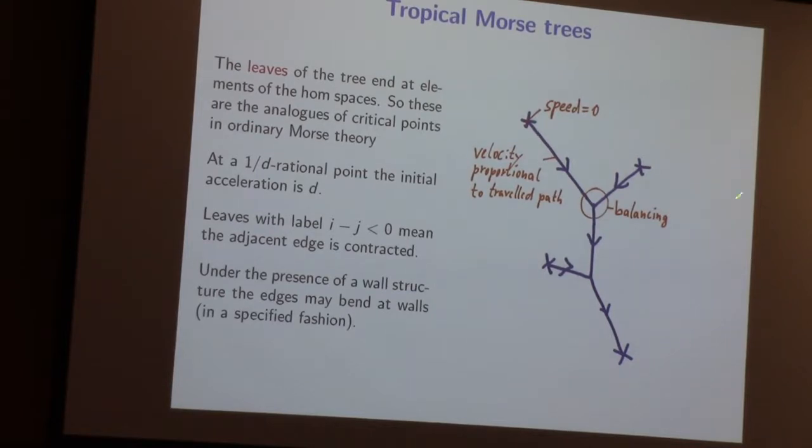In generality, if you do this in higher dimensions, you would have wall structures that these lines cross, and then they could bend. But this will be entirely irrelevant for the elliptic curve. There's no such bending.